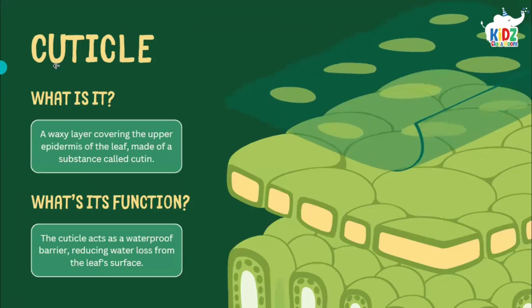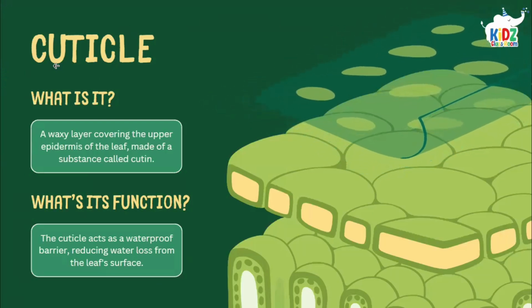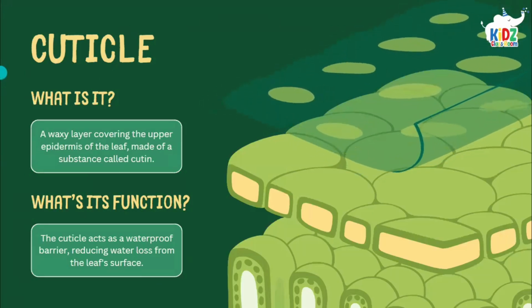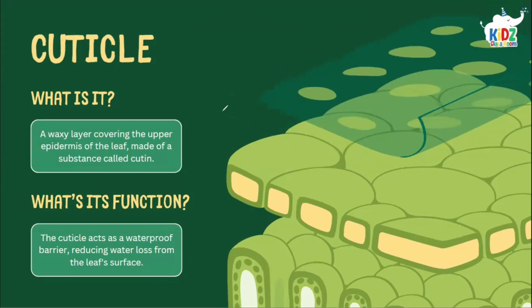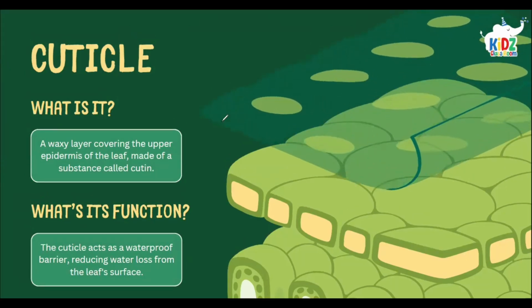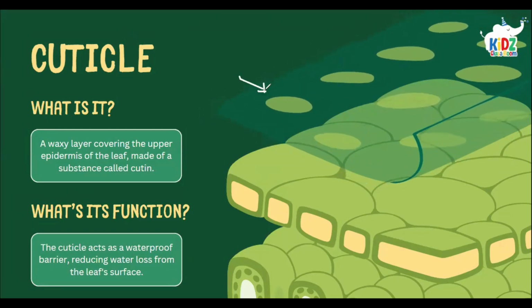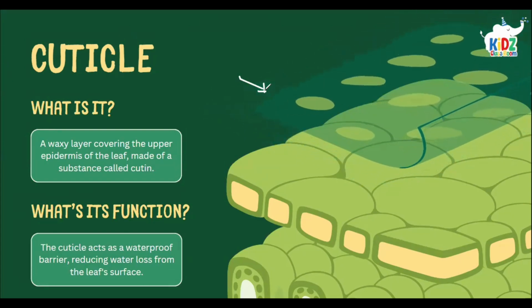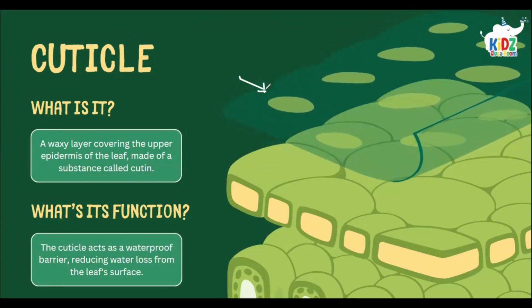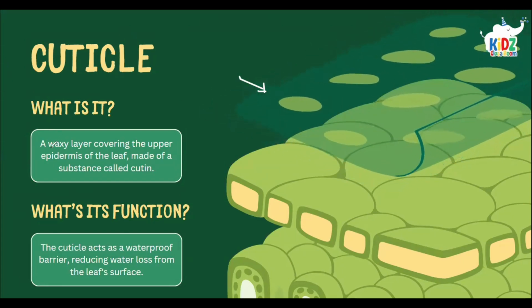Okay, so firstly, we have the cuticle. What is the cuticle? The cuticle is the outermost layer of the leaf, and it is a waxy layer.